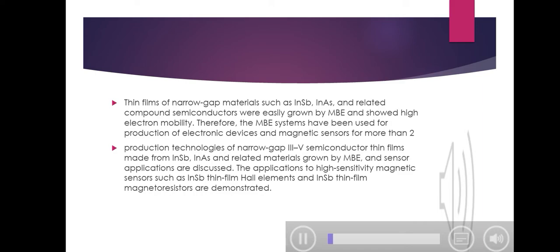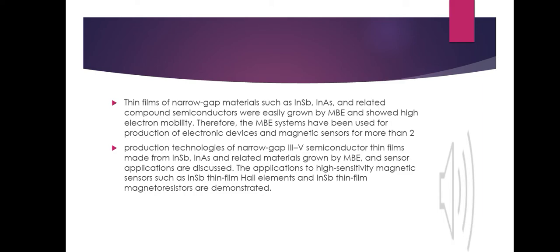Thin films of narrow gap materials such as InSb, InAs, and related compound semiconductors were easily grown by MBE and showed high electron mobility. Therefore, the MBE system has been used for production of electronic devices and magnetic sensors for more than two decades.